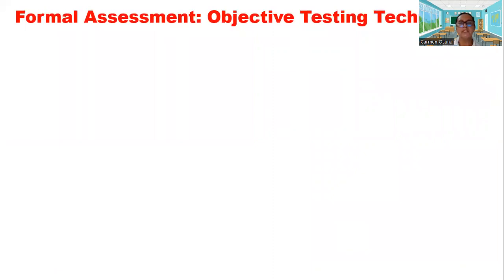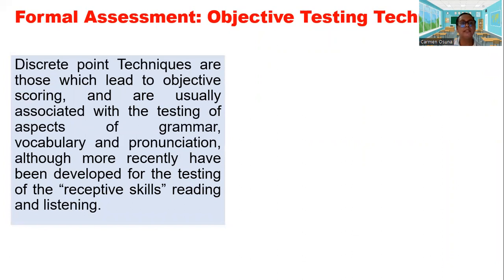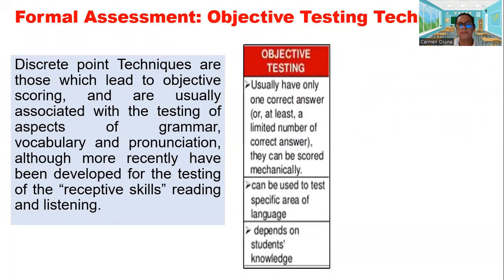Formal assessment, objective testing techniques. Discrete points techniques are those which lead to objective scoring and are usually associated with the testing of aspects of grammar, vocabulary, and pronunciation, although more recently have been developed for the testing of the receptive skills, reading and listening.